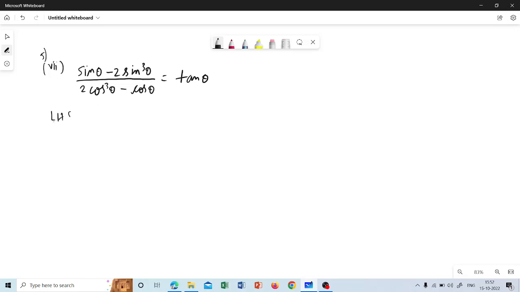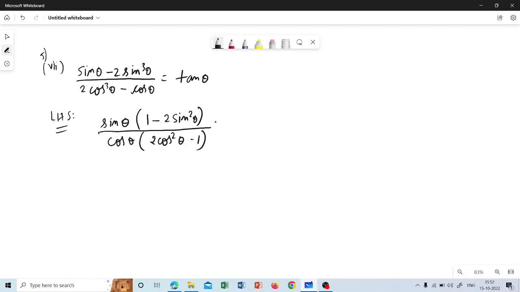If I take the right hand side, now you would have observed that I can take sine theta common from here. It is nothing but 1. So I will get 1 minus 2 sine square theta by, if I take cos theta common in the denominator, then 2 cos square theta minus 1.